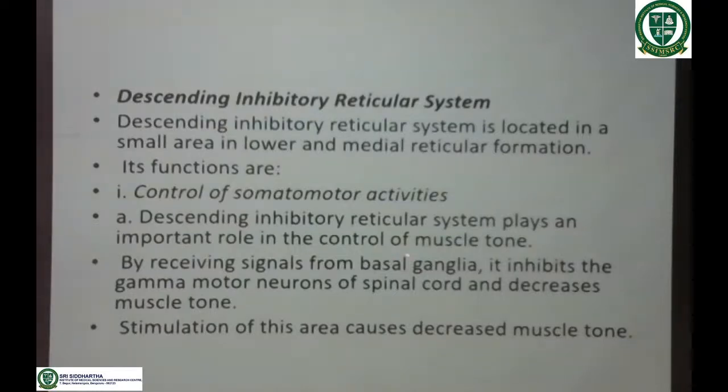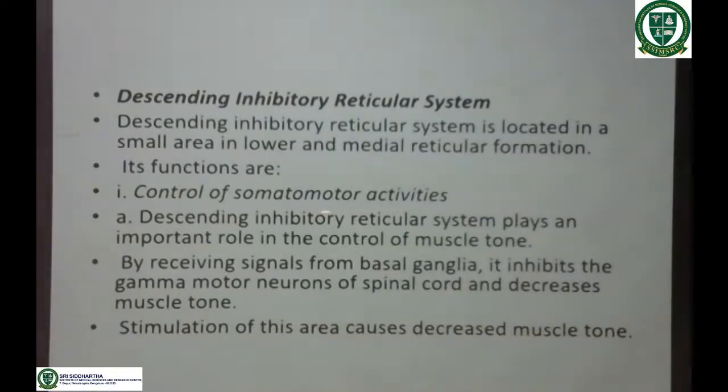Next, the descending inhibitory reticular system. It is located in a small area in the lower medial reticular formation. Its function is control of somatomotor activities.